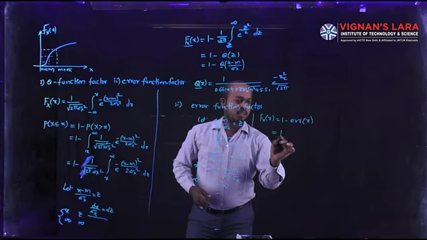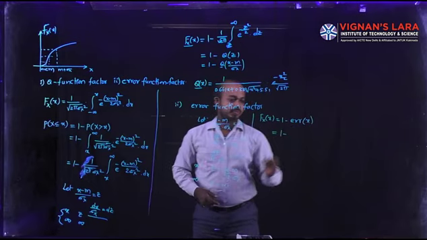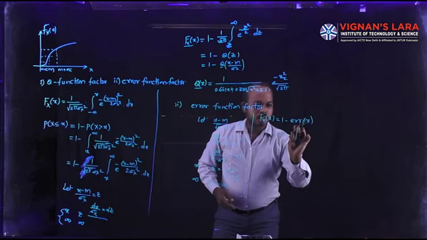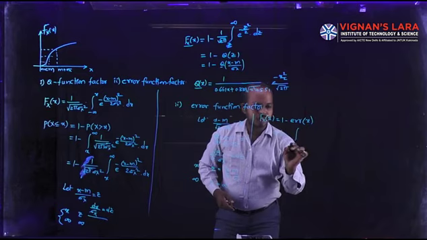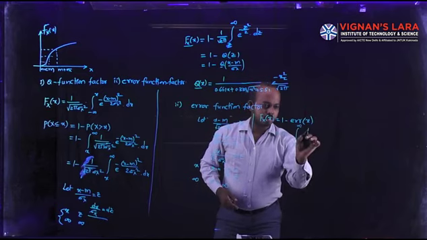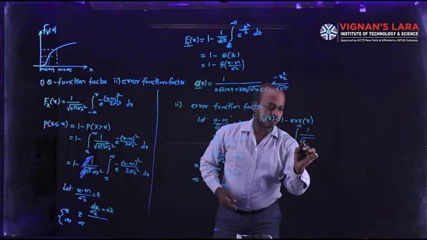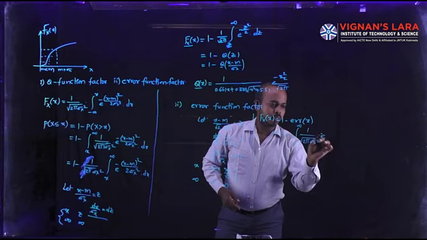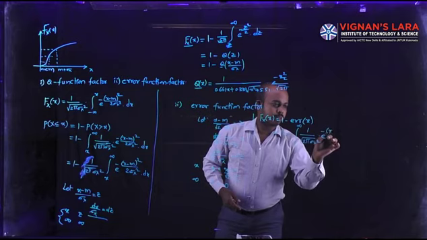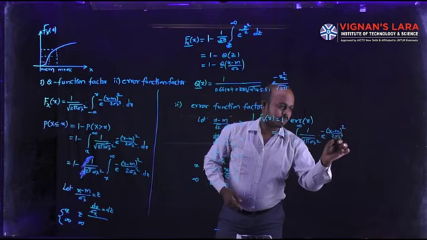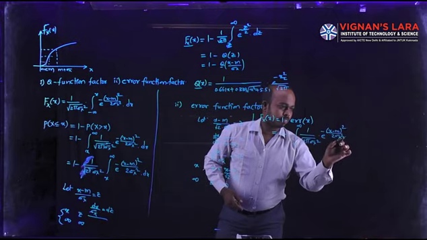The function we are rewriting is 1 minus the integral, with lower limit x and higher limit infinity, the constant term 1 divided by square root of 2 pi sigma x square into e power minus x minus m whole square divided by 2 sigma x square into dx.